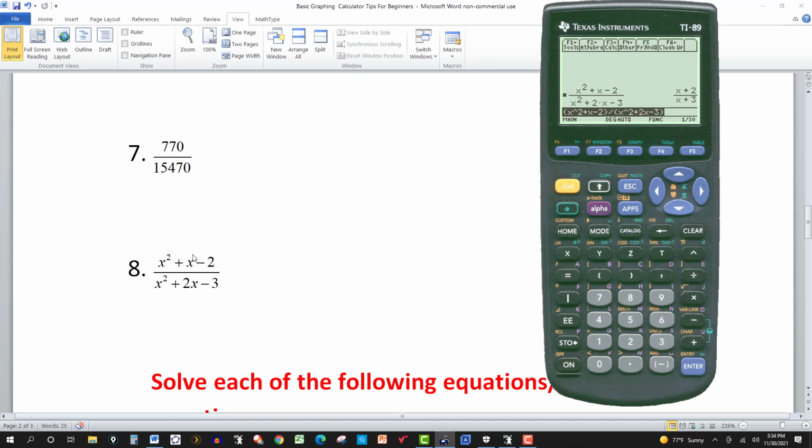Normally, if you're going to do this without the calculator, you'd have to factor the numerator, factor the denominator, and then cancel out like factors, and this is what it comes out to, x plus 2 over x plus 3. Can't do that on the TI-84 or the TI-83. Has to be a CAS calculator. It has to have a computer algebra system built in.